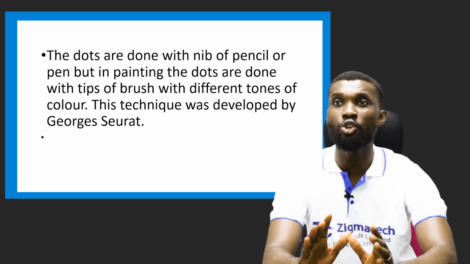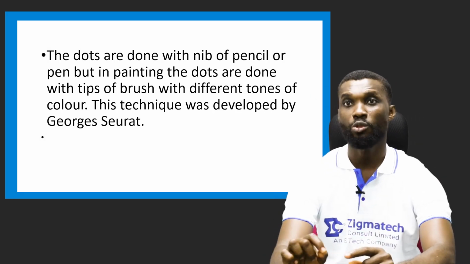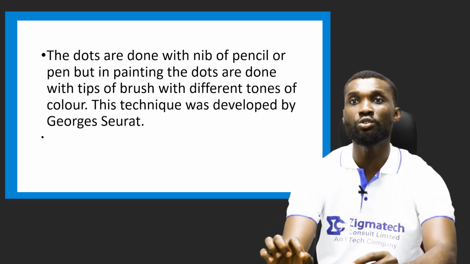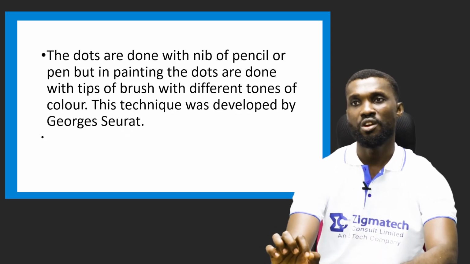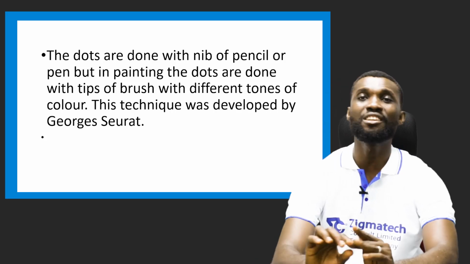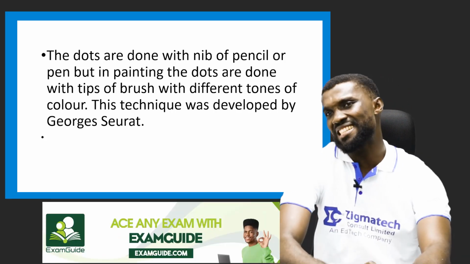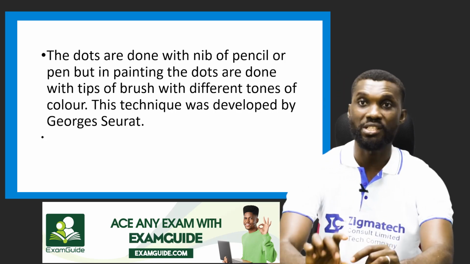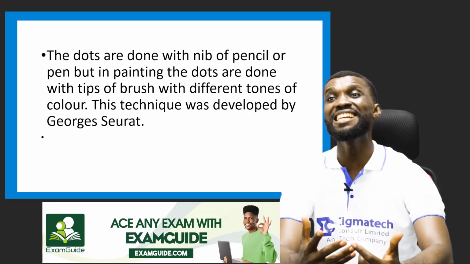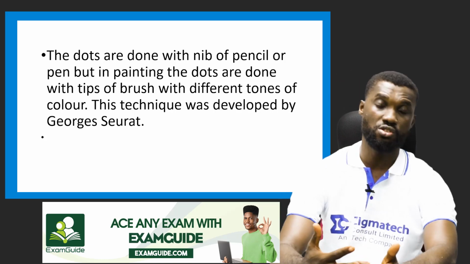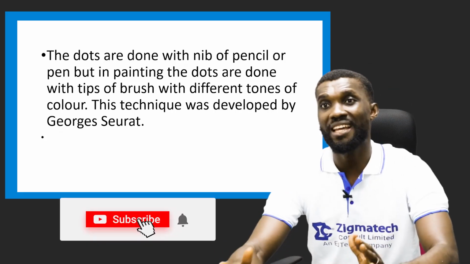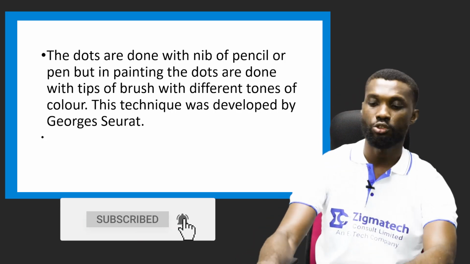These dots are done with the nib of a pencil or brush or even a pen, but in painting the dots are done with the tip of your brush, with different tones of color and different sizes of brush to create that stipple effect or pointillism effect. This technique was developed by Georges Seurat, the very artist that developed this particular kind of pointillism.